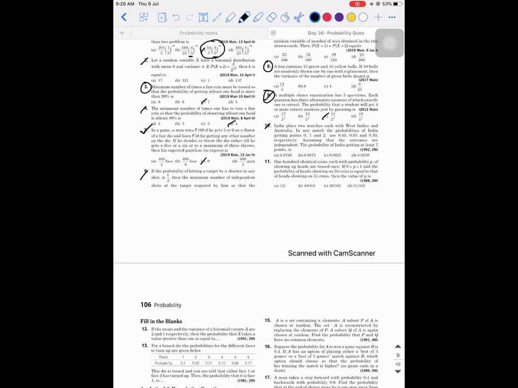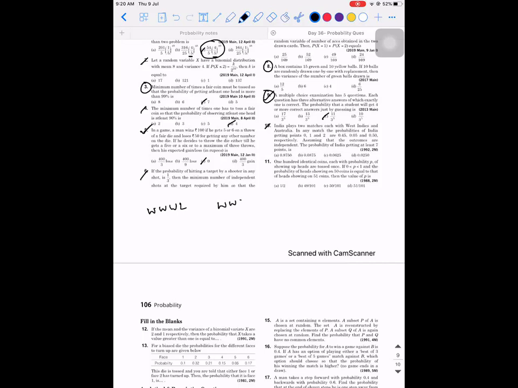Sir, at least 3 matches need to be won and 1 should be drawn for 7 points, sir. So the probability of India getting at least 7 points. So at least 7 points means how is it possible? So 3 wins and 1 draw or 4 wins. And 1 match lost?